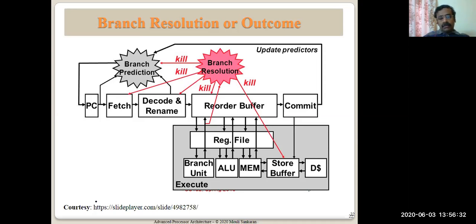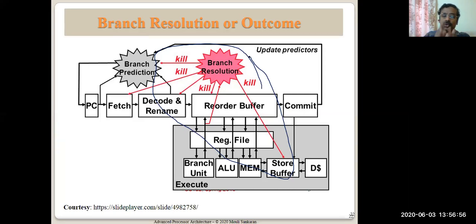Now everything went for a toss. My prediction is wrong. I cannot say that no, I predicted, I will do whatever I thought. No. Now it says that what you predicted is wrong. You have to fetch a new set of instructions. That means whatever you did earlier based on the prediction has to be killed. In the sense, it should be made null and void.